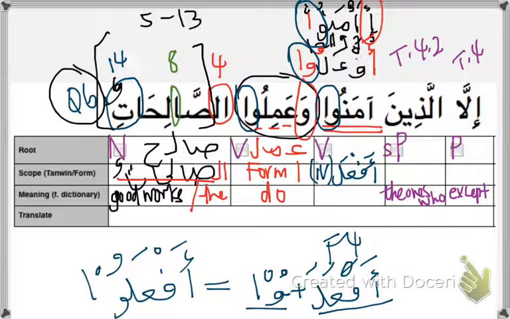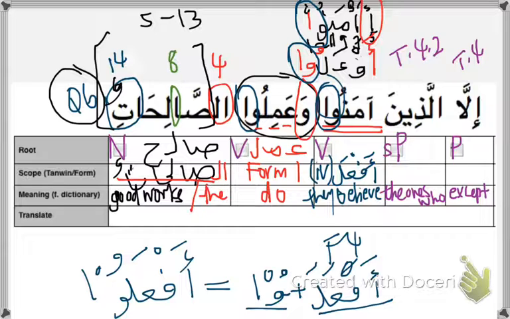When you look at the dictionary, you will get the meaning as believe. And this waw alif means they, and then there you have it. You have all of them translated.